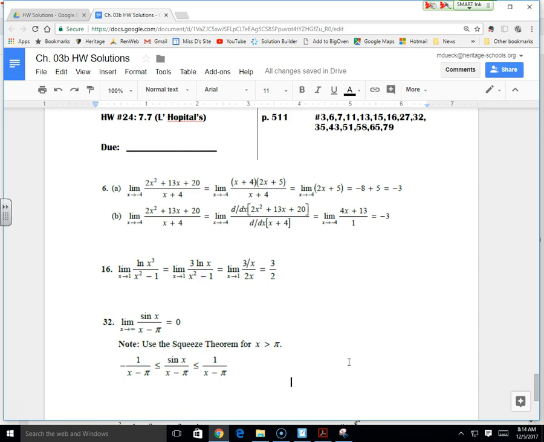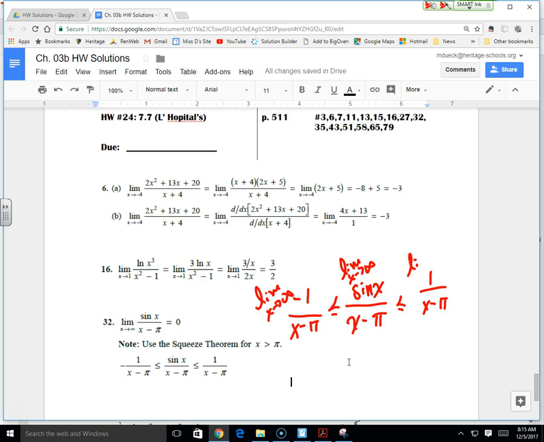So, how could you have done this one? One way to think about it is that sine of x is going to be in between 1 and -1. So if we want to find this guy's limit, then question, what should we do to everybody else?